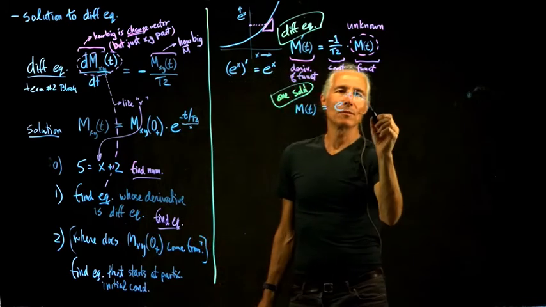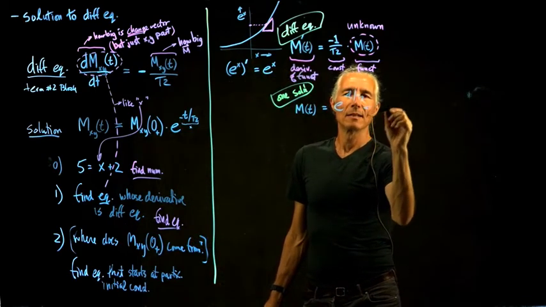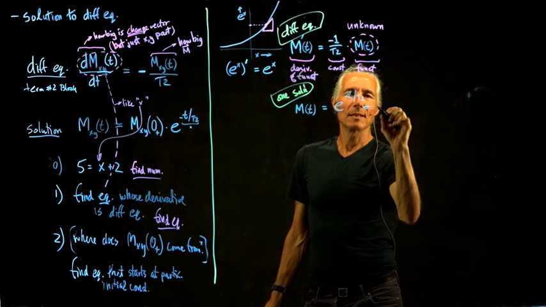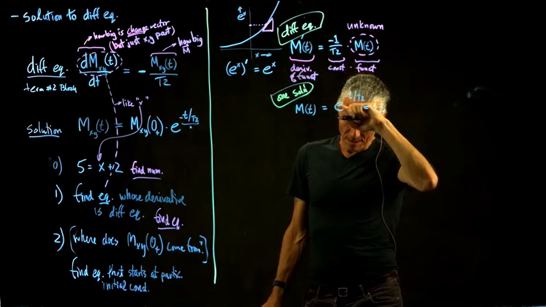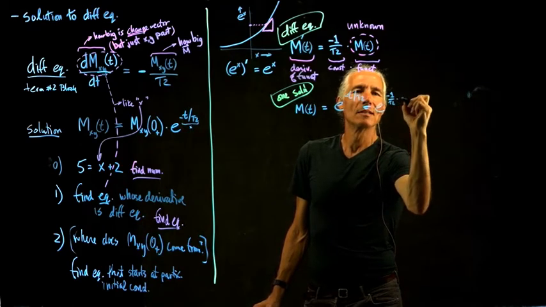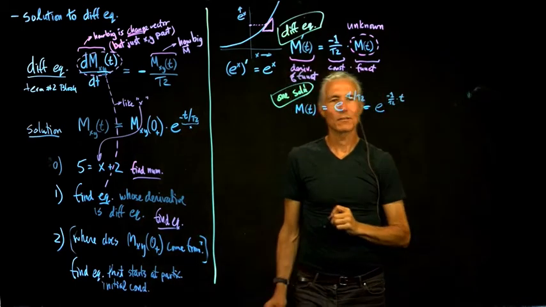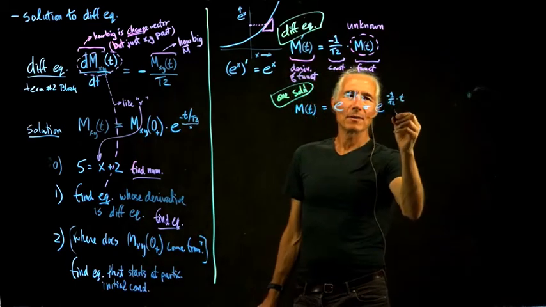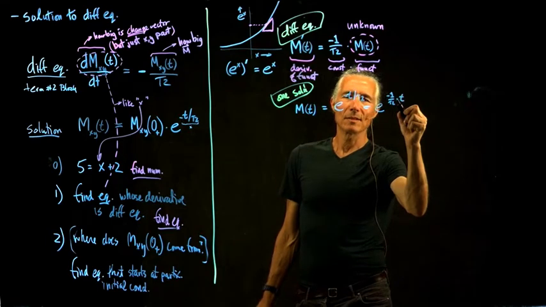We could also write that out, just to make it a little more explicit, as e to the minus 1 over t2 times t. So e to the power constant times whatever the time variable is.